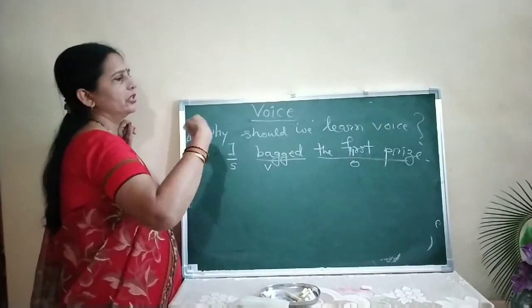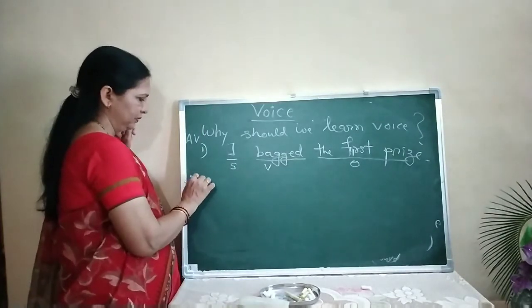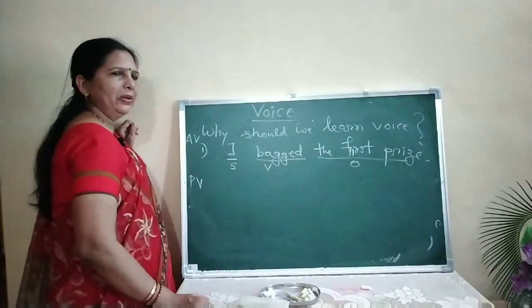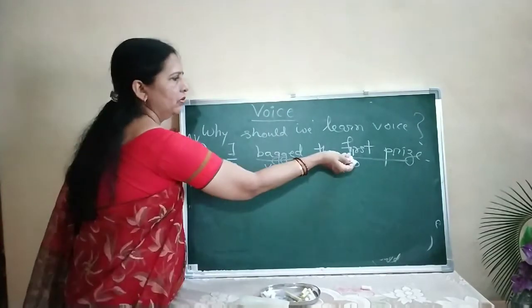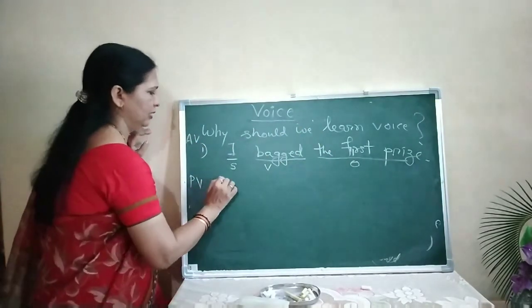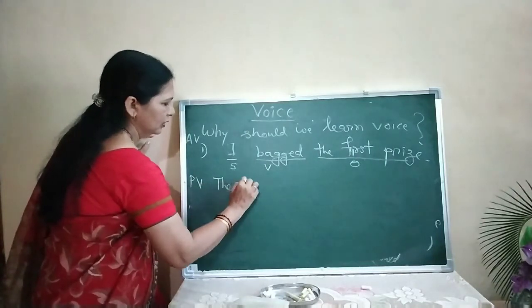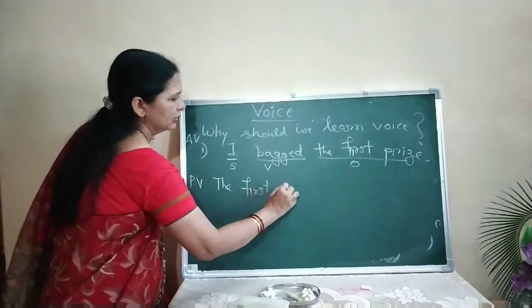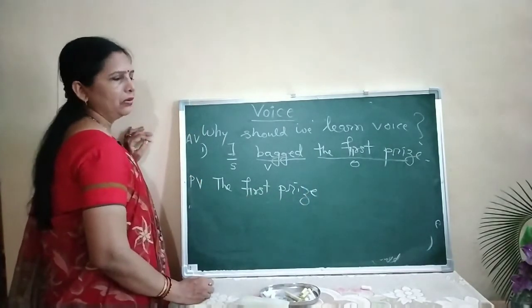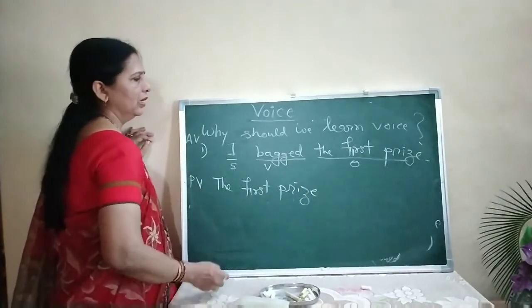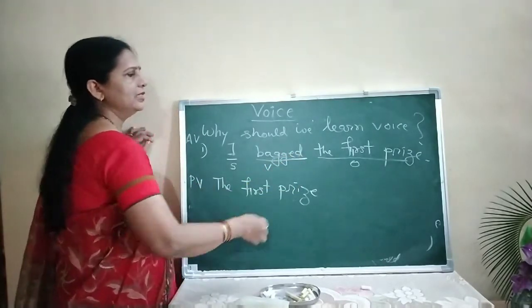I hope this is very clear to you. Now let us change it to passive. What changes will be there? I will go in place of object. First prize will be the subject. So, the first prize, now form of to be. Here past tense is there.